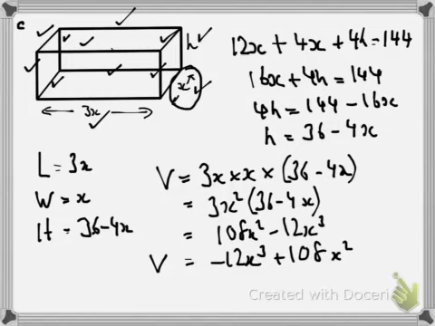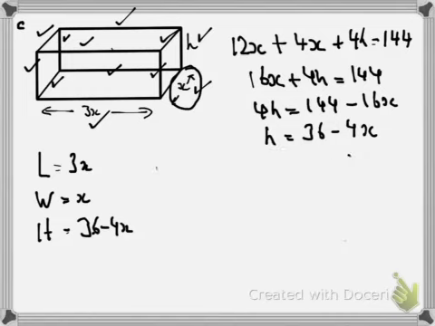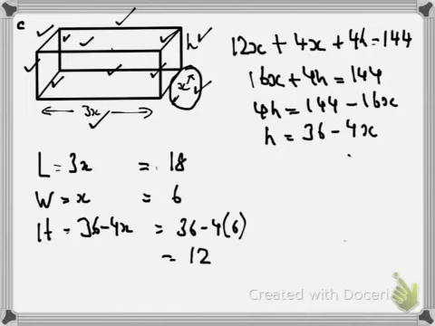Might just pause while I do. Okay, x equals 6 gives us maximum volume. Therefore, the length is 3 times 6, which is 18. The width is x, x is 6. The height is 36 minus 4 times 6. That equals 36 minus 24, which is 12. So they're my dimensions for maximum volume.